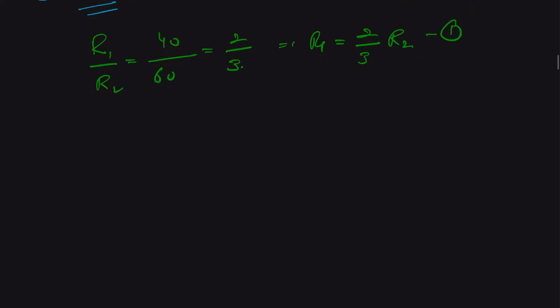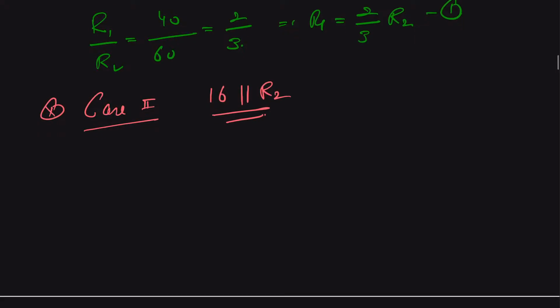Now we come to case 2. It is given that a 16 ohm resistance is connected in parallel with R2. So let's find the equivalent resistance, and let us call it R prime.